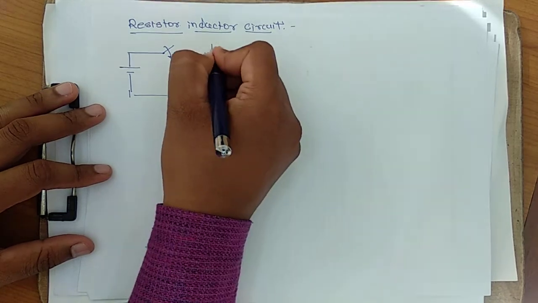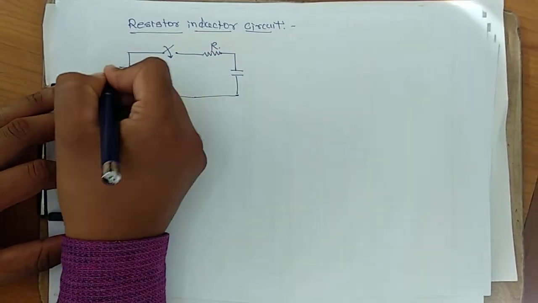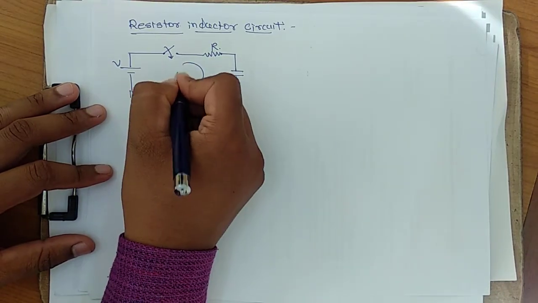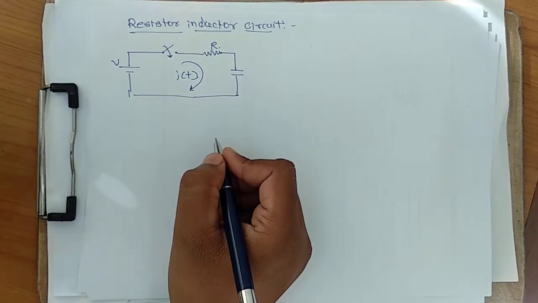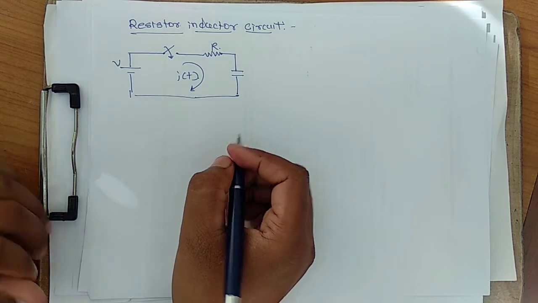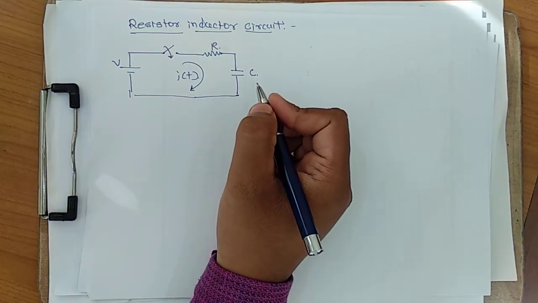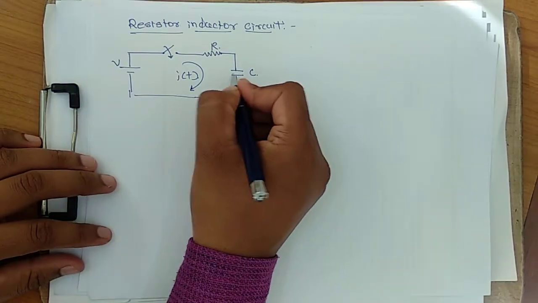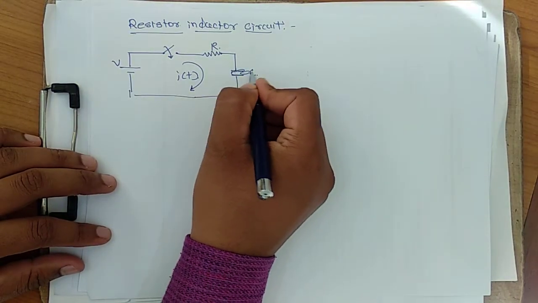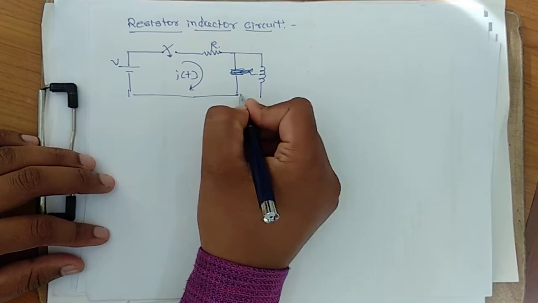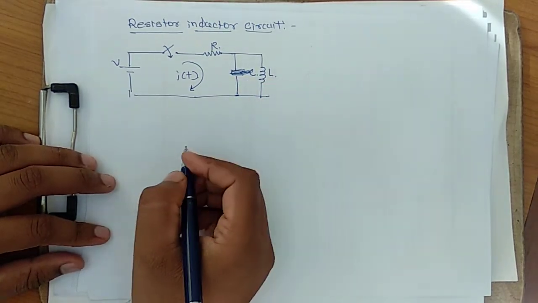So this is resistance R, voltage V, and current I of t. In this figure, it should be an inductor, not a capacitor. So inductor is there.